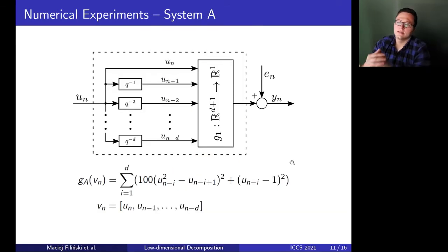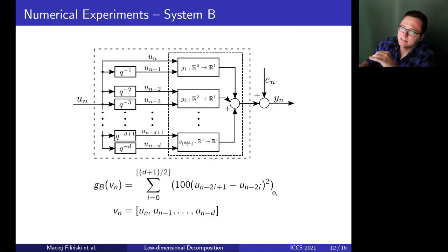So let's have a look at the numerical experiment. We have 3 systems. System A is a system which is non-separable, so we can't split the function g into smaller elements, and below is its corresponding equation.